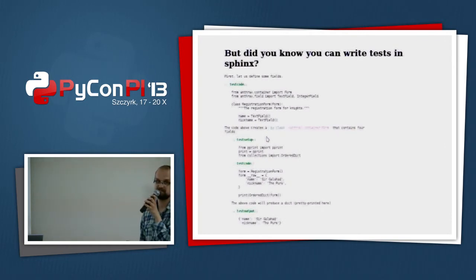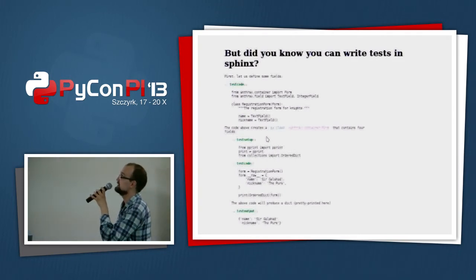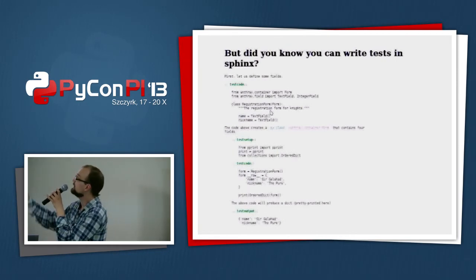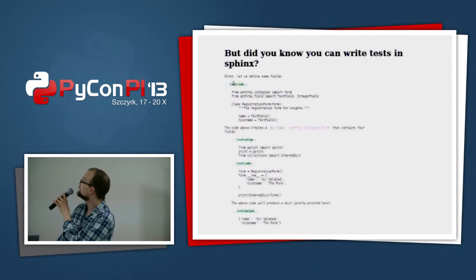And it comes with Sphinx. There would be another presentation about Sphinx today, but here I would like to show you how we can intermingle tests with our documentation. We write some part of our narrative documentation, then we write some test code.